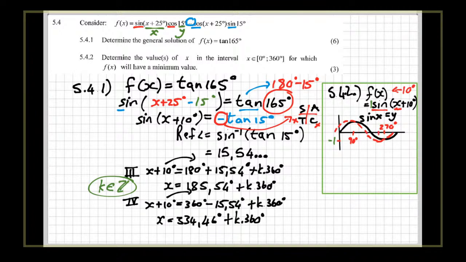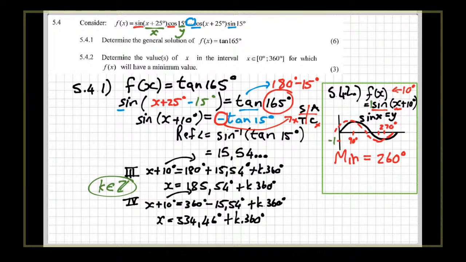So now my minimum also shifts 10 degrees left. So my minimum is going to be at 260 degrees. And what is the minimum value? Negative 1. I hope everyone's all right with that.